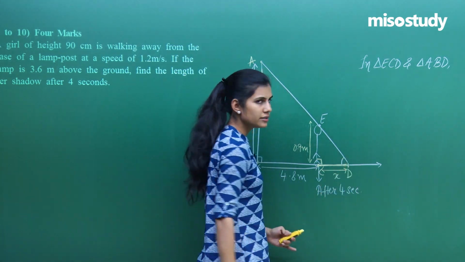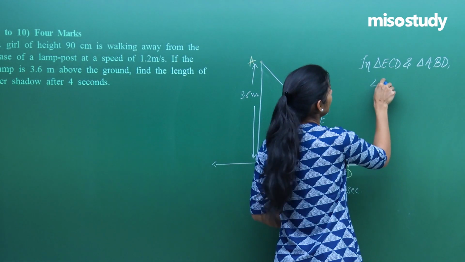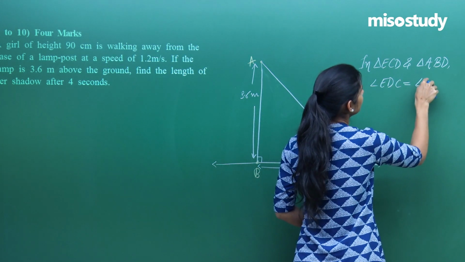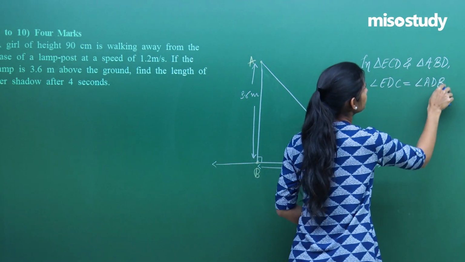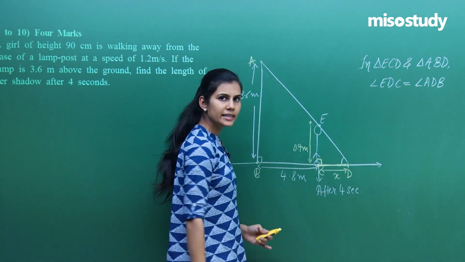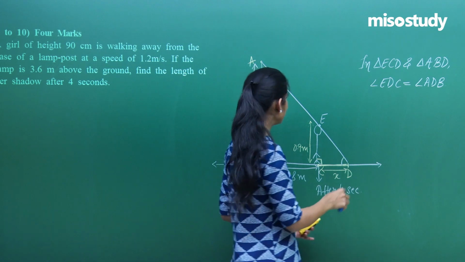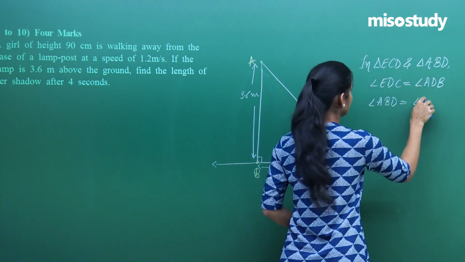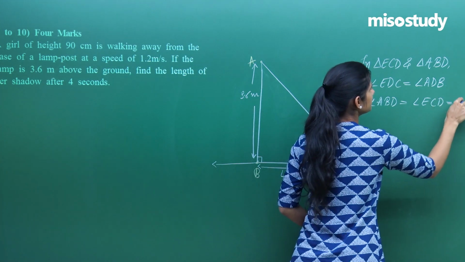This angle is common. Angle EDC is same as angle ADB. This is same. And I also have this angle and this angle 90 degrees same. So I have angle ABD is equal to angle ECD.